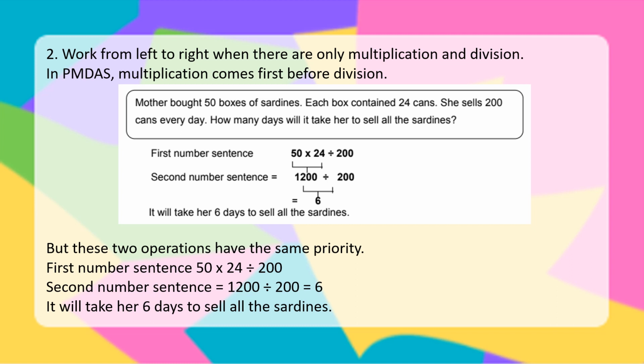And then for the second number sentence, we're going to solve first the multiplication, which will give you 50 times 24 is 1,200, divided by 200. So it will take her 6 days to sell all the sardines. 6 came from the quotient of 1,200 and 200.